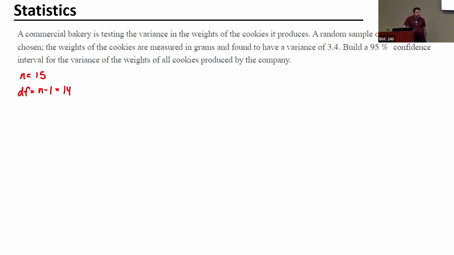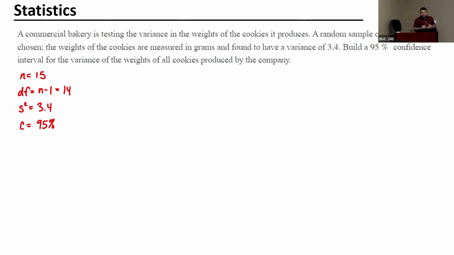Samples are always what? Variables. So what is gonna be your variable? How would you write sample variance? Squared. Very good. s squared, that's your sample variance. And they give us a sample variance of 3.4. And then they always give us that confidence interval. Everything is based off confidence intervals now. How confident do we want to be? Our confidence interval is 95%. And now we have all the information we need.